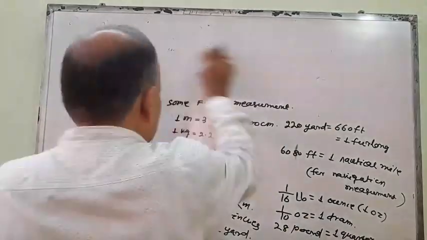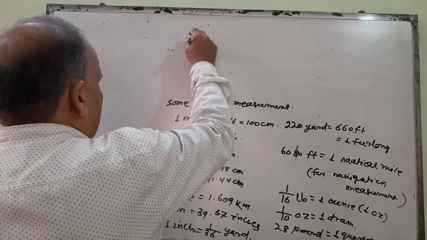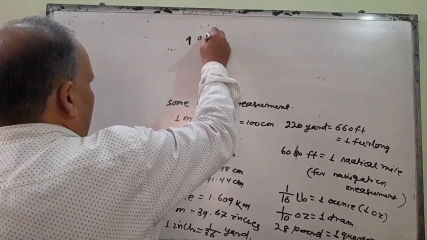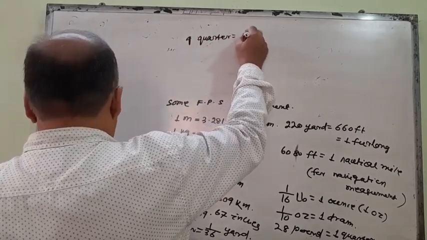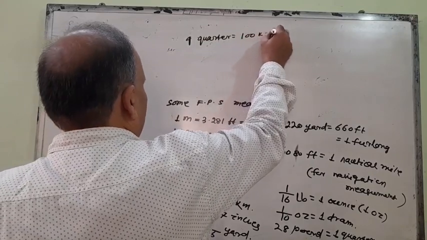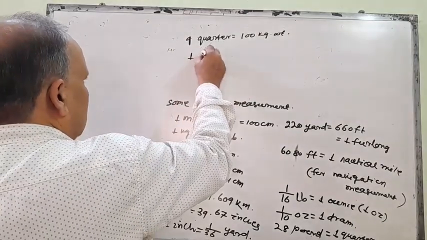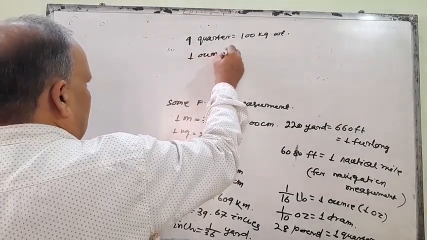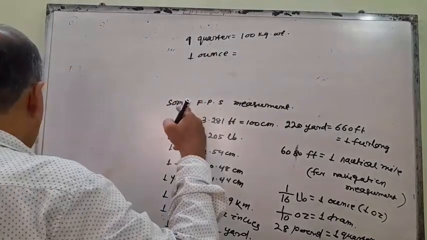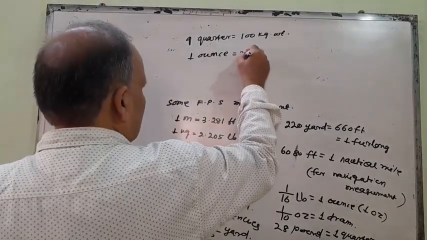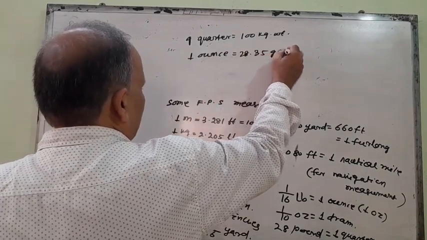Next, 4 quarter is equal to 100 kg weight. And 1 ounce, during the measurement of a mobile, you can say 28.35 gram. You remember all this.